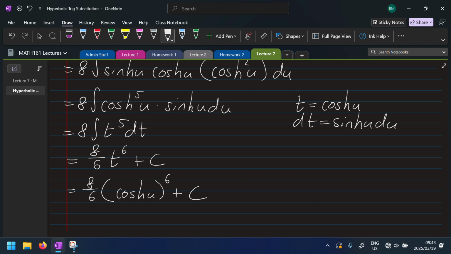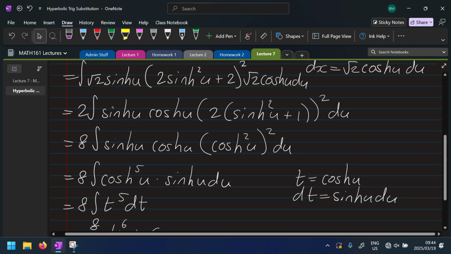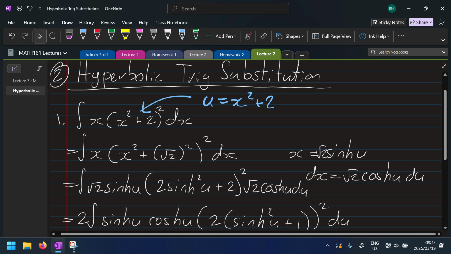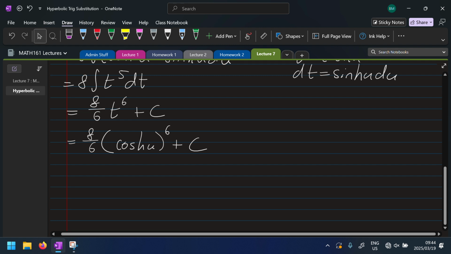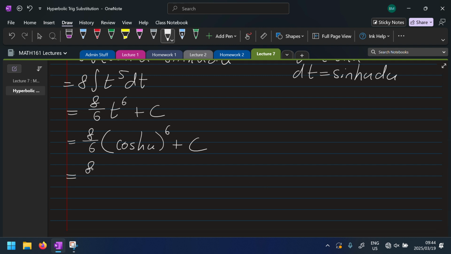Now, what we want to do is change from cos hyperbolic u back to x. Remember, sine hyperbolic u, we could write in terms of x. Here we have cos hyperbolic u, so we need to do a bit of rearranging. Let's write this as 8 over 6 cos hyperbolic squared, cubed.